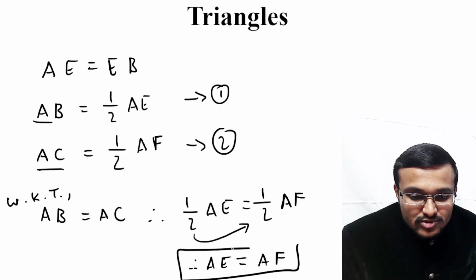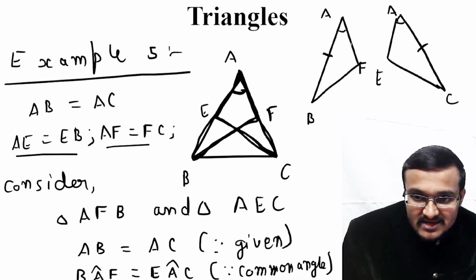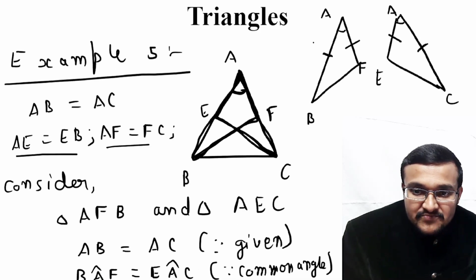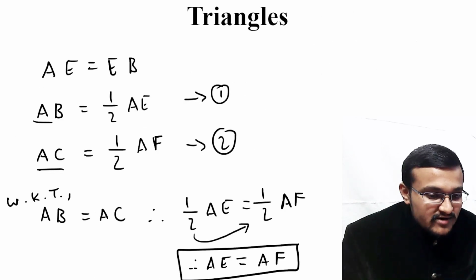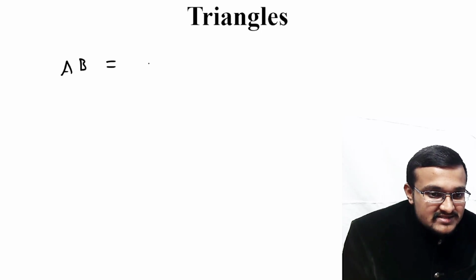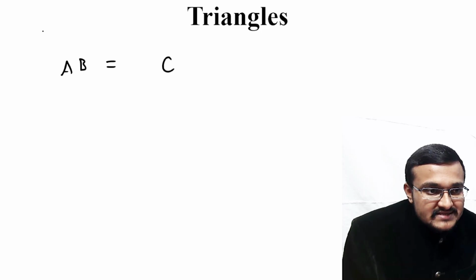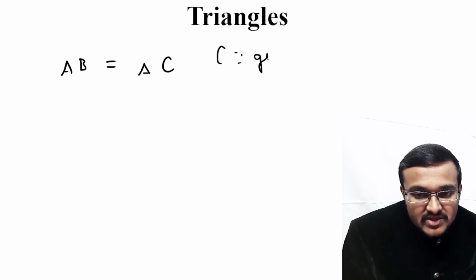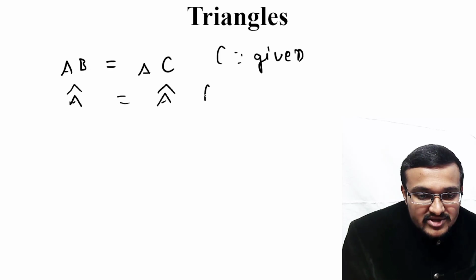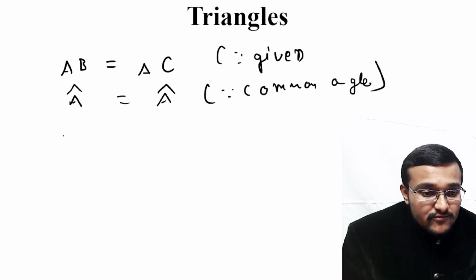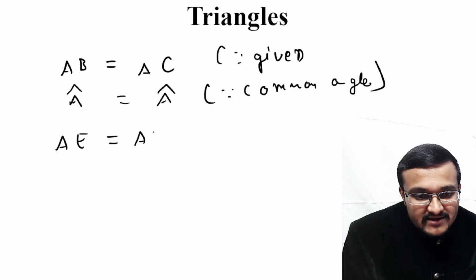So now we have proved one more side as equal. That is, AE is equal to AF. So that means side, angle, side. Now what all things have we got? AB is equal to AC, which is already given, and angle A is equal to angle A because it is the common angle for both the triangles. And we have proved that AE is equal to AF.